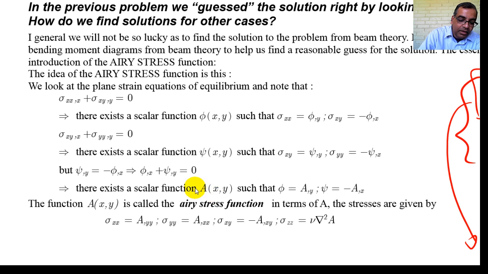Now this Airy stress function A has Prandtl stress function 1 as A comma y, Prandtl stress function 2 as minus A comma x, and then it turns out sigma xx is d squared A dy squared, sigma yy is d squared A dx squared, sigma xy is minus d squared A dxy, sigma zz is nu times del squared A. So notice that not only do we have sigma xx, sigma xy, sigma yy, but also sigma zz. This will give us problems for boundaries, but we know how to fix it.